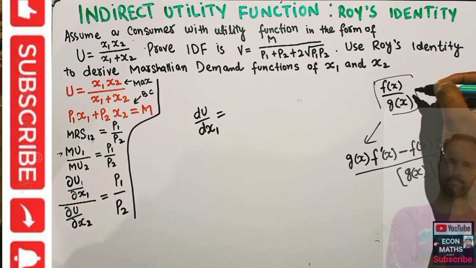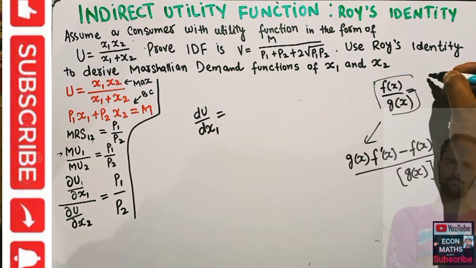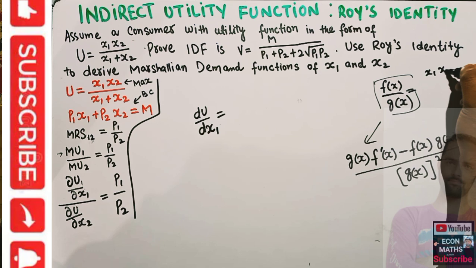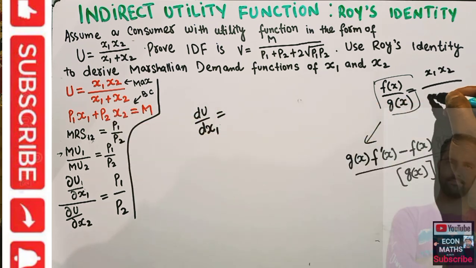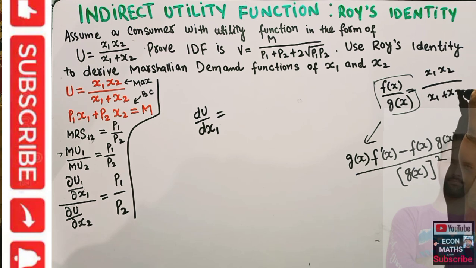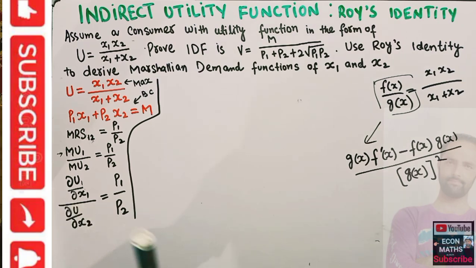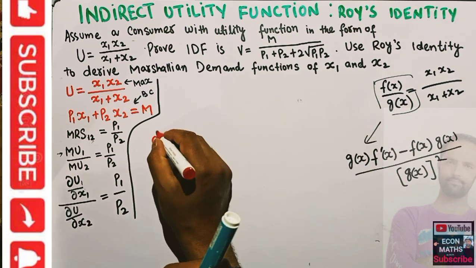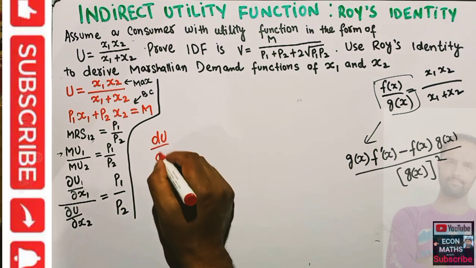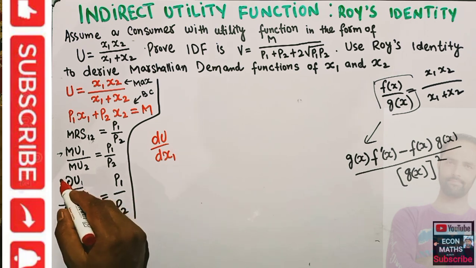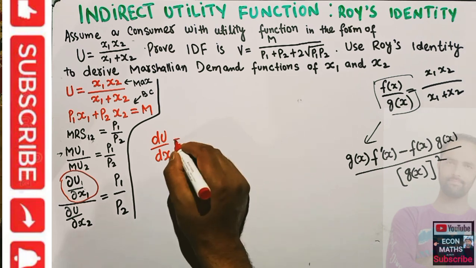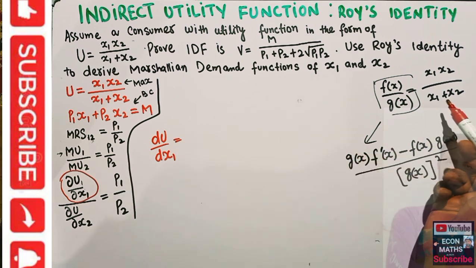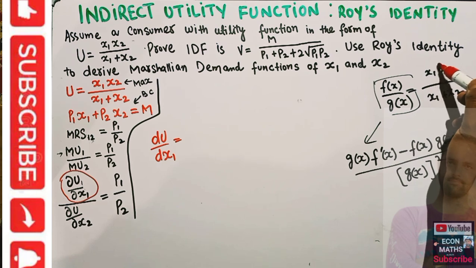So in place of f of x we have x1 x2, divided by, in place of g of x, x1 plus x2. Now du upon dx1 will be equal to, first we write g of x, which is x1 plus x2, times the derivative of f of x.